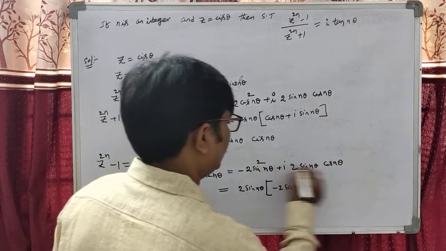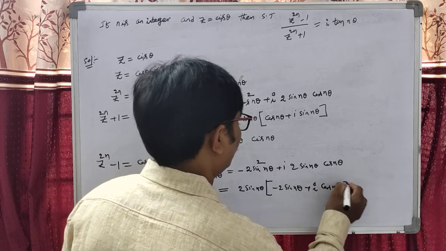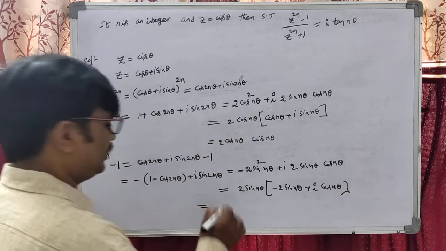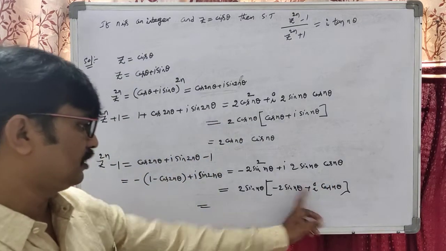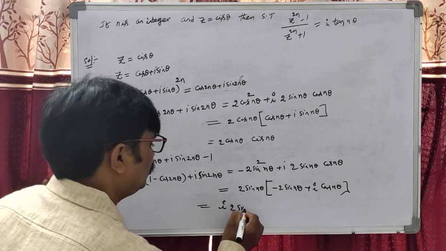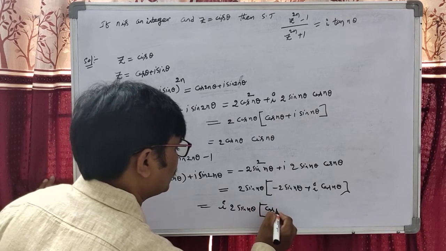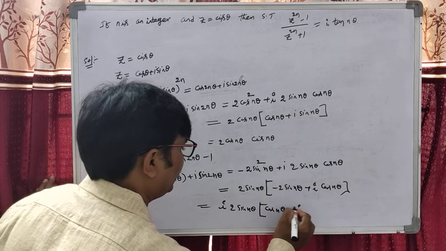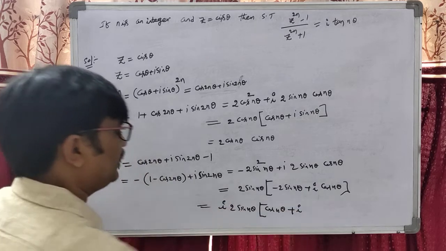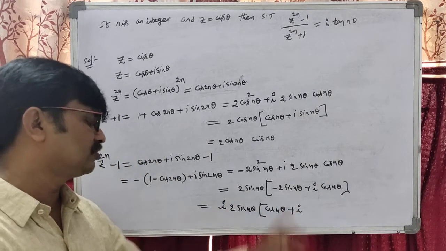So I is common, cos of n theta. Just take I common, after that this is I into 2 sin of n theta, cos of n theta plus I into I, which is I square.